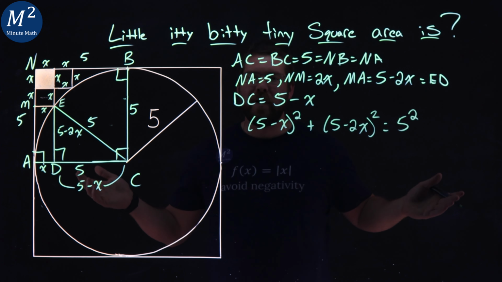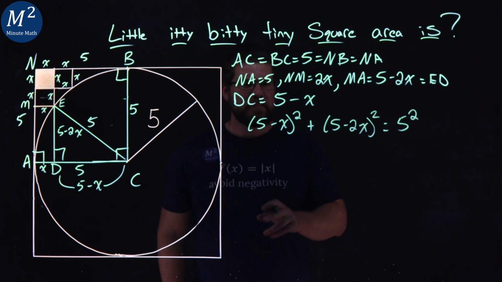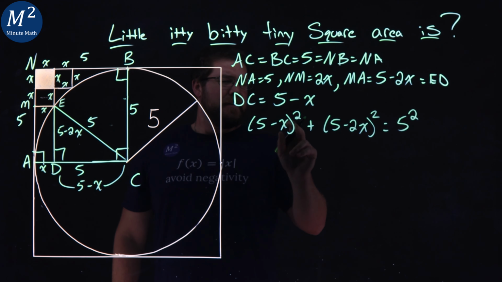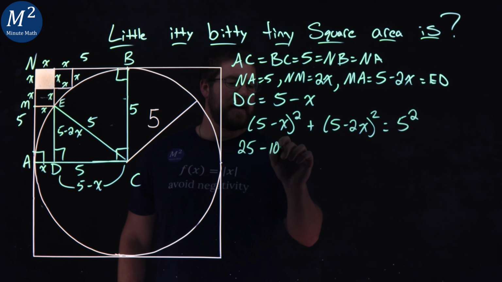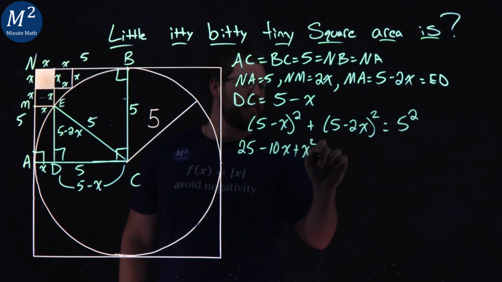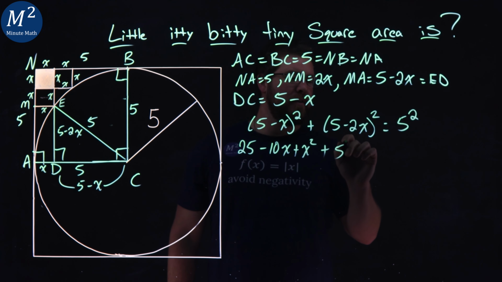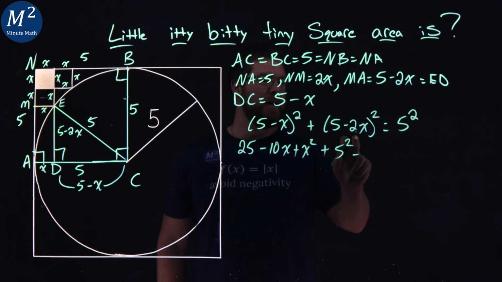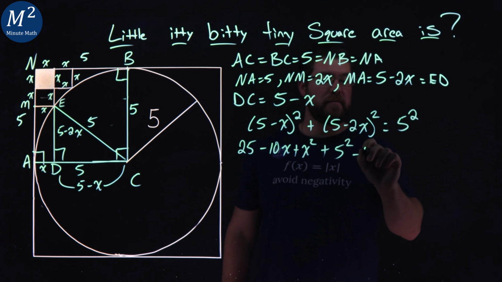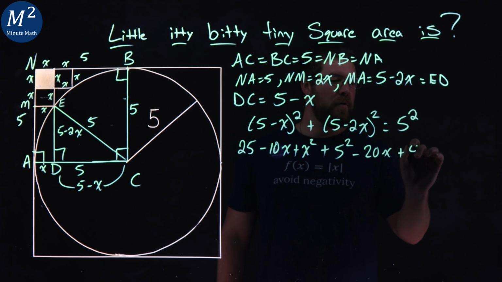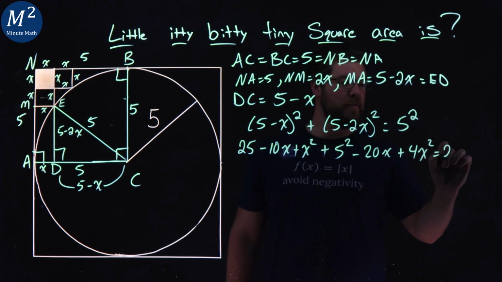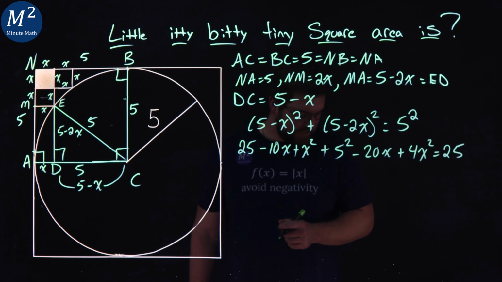Multiplying this out, 5 squared is 25 minus 10x plus x squared. 5 squared again here, minus 20x plus 4x squared is equal to 25.